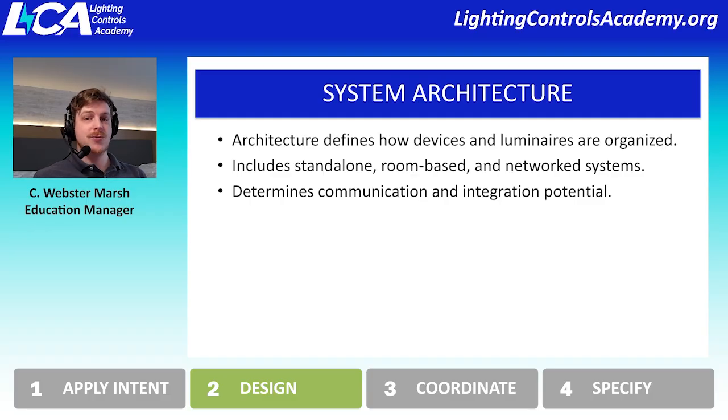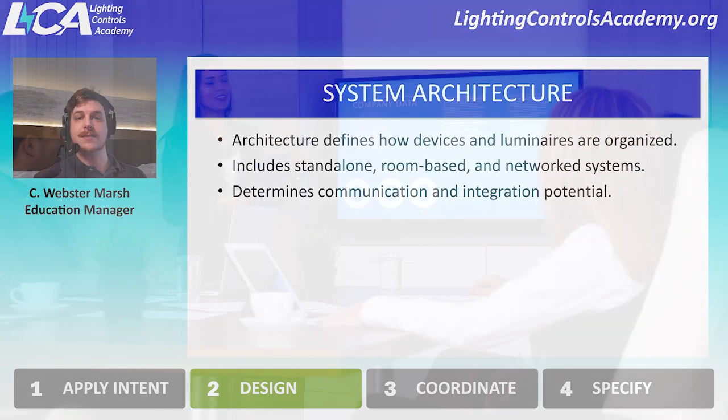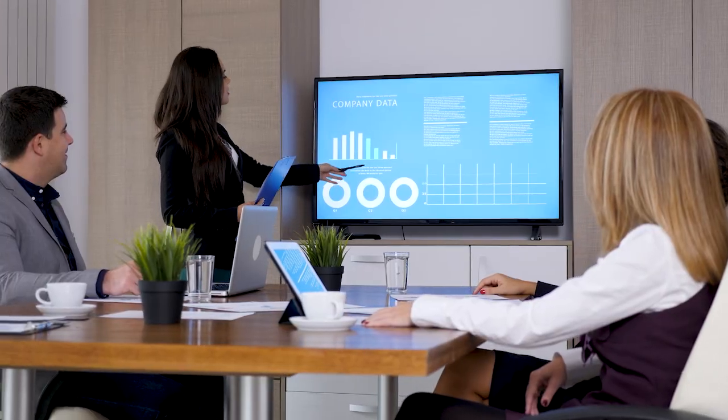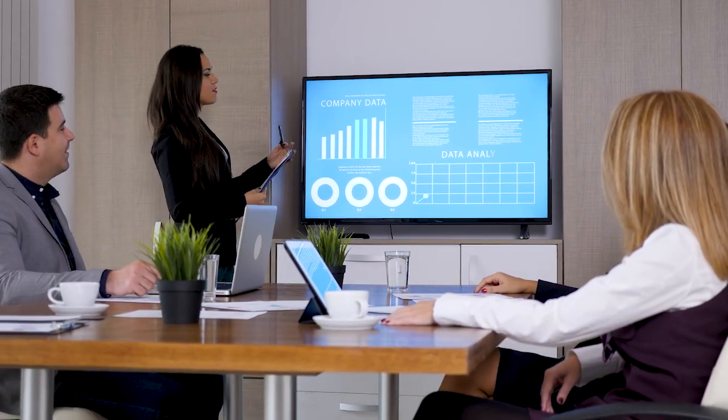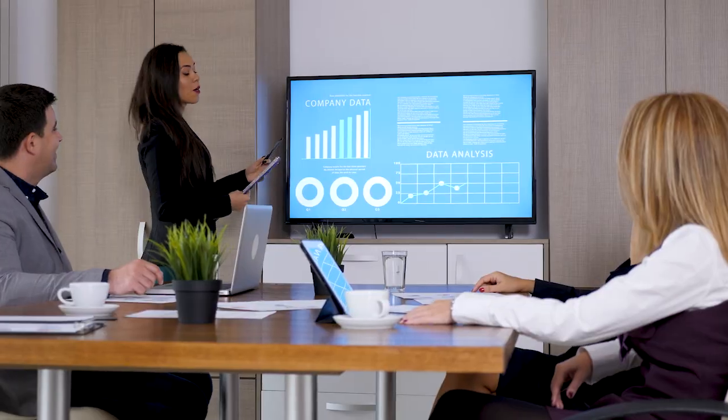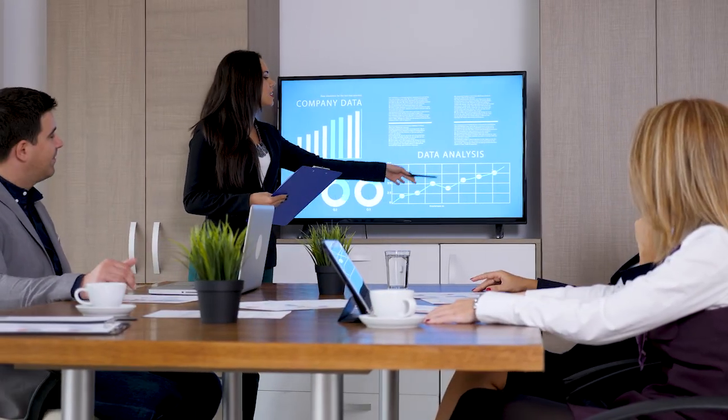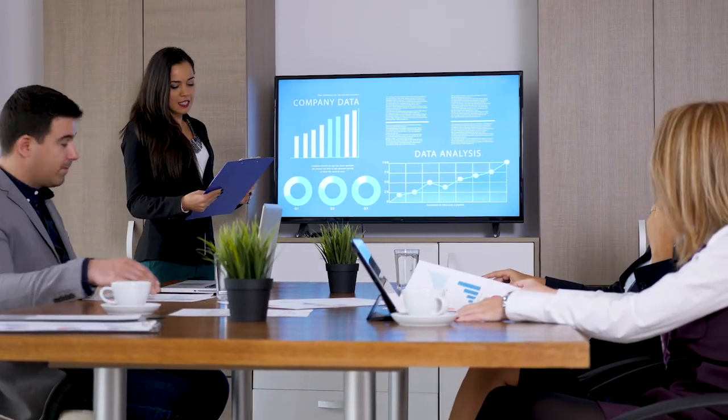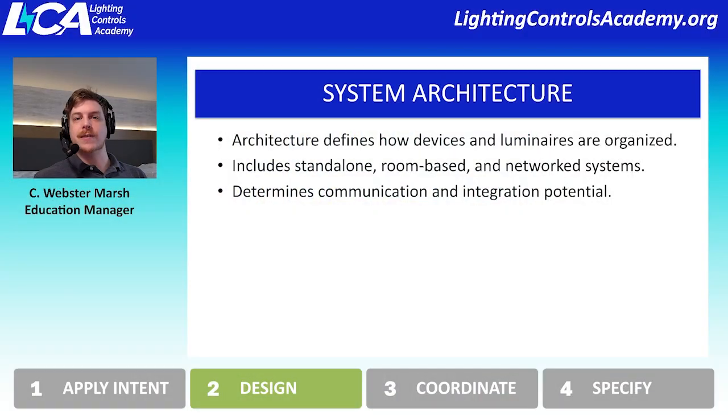You can still do room-based integration, however. So if you're just doing an audio-video system that is communicating with the lighting control system, probably via a shared touchscreen, then that is still capable of being done through a room-based system. Oftentimes it's harder to do with standalone, but networked systems oftentimes have a lot of integration capabilities on their own and additional devices that you can take advantage of.